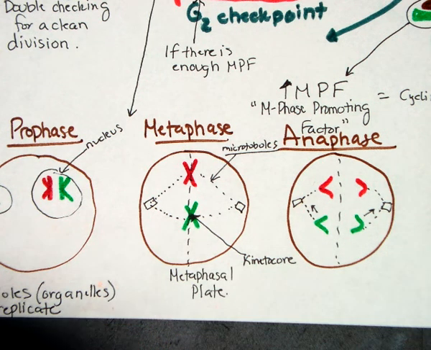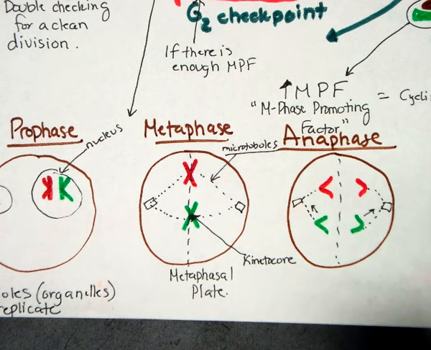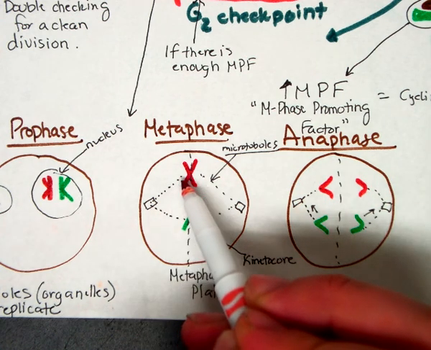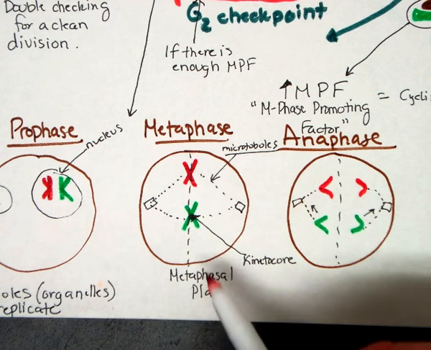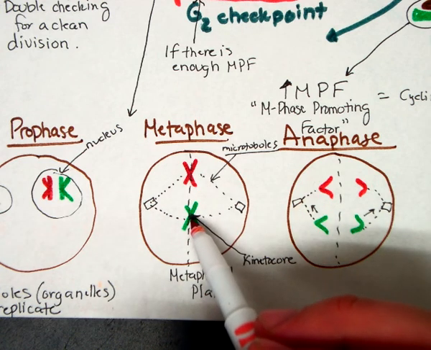Microtubules, again, are an element of the cytoskeleton. There's 3 types of molecules that are synthesized in the cytoskeleton. Microtubules are one of them. And as these microtubules extend, they actually attach to the centromere of these replicated chromosomes. And when that happens, we call that a kinetochore.